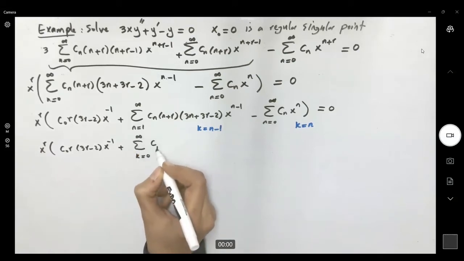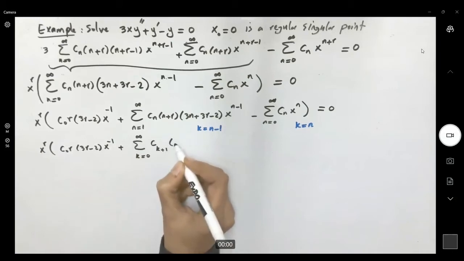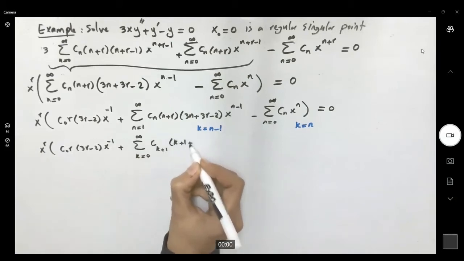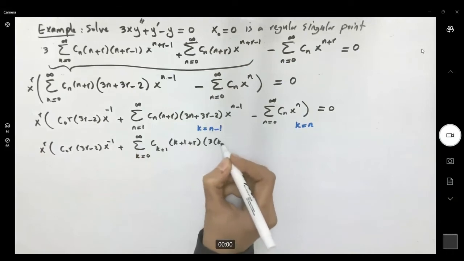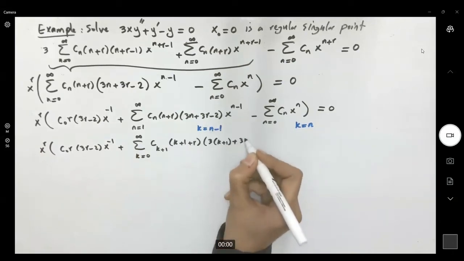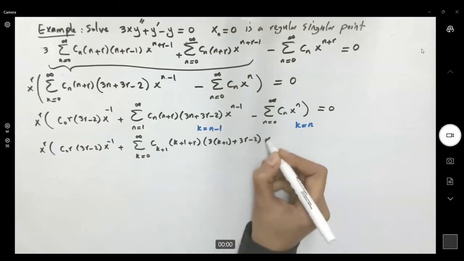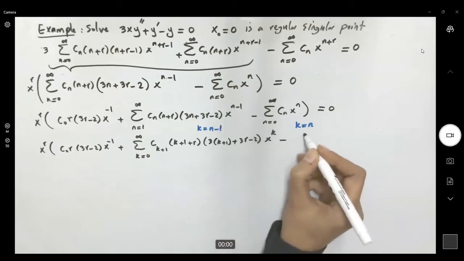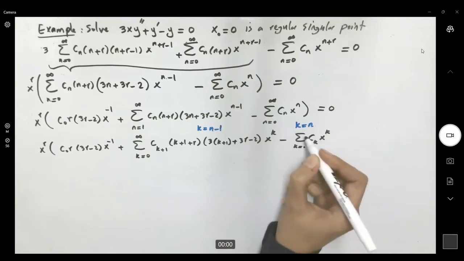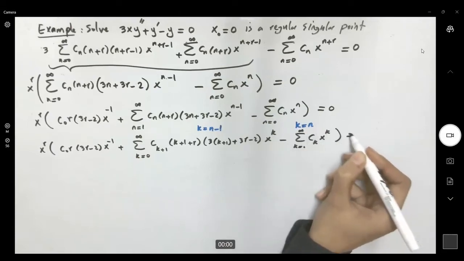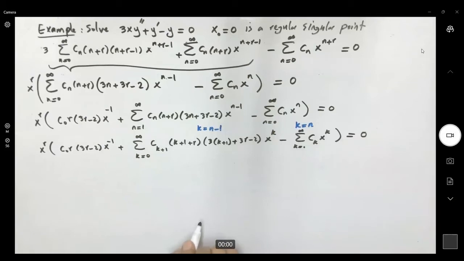Then you have c sub k plus 1, n is k plus 1 plus r, and here I have 3k plus 1 plus 3r minus 2, x to the power k, minus the sum c sub k x to the k, starting from 0 to infinity, equal to 0.